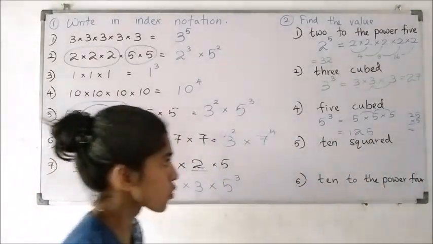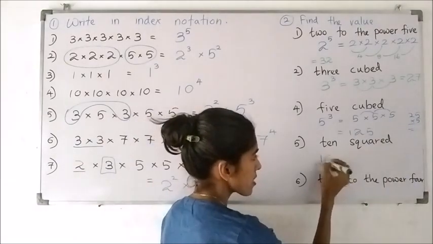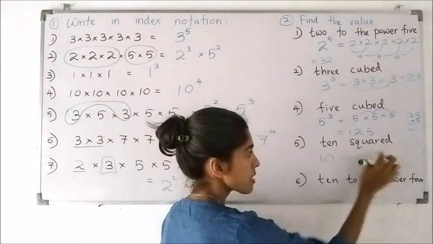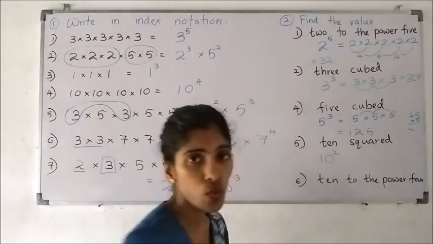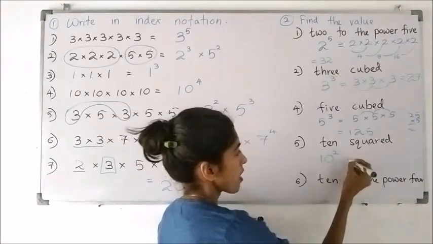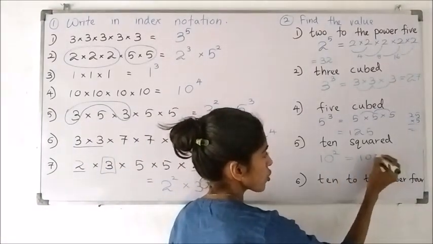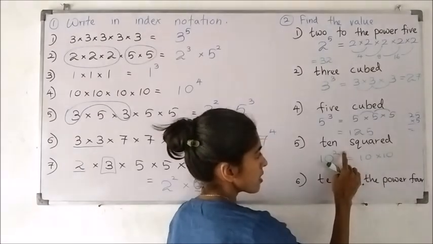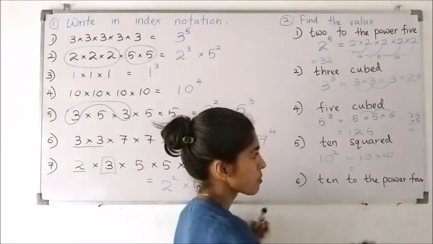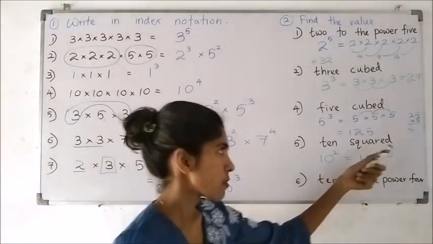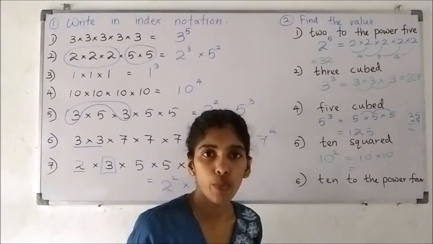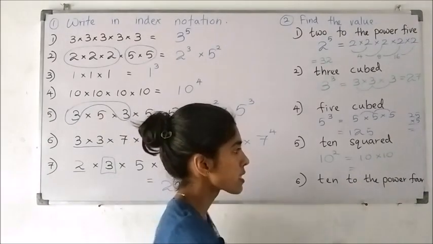Next, 10 squared. 10 is the base. Squared means the index is 2. Then how do we repeat this? 10 should be multiplied by itself 2 times. Now children, by using our usual multiplication, no need to multiply with these type of numbers.